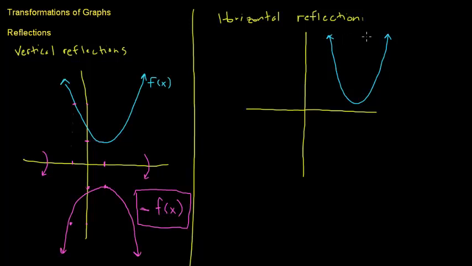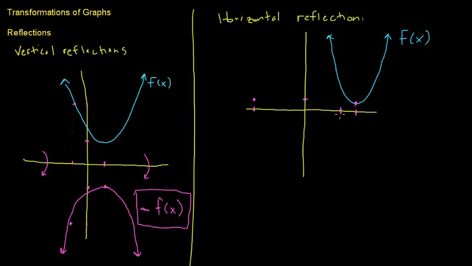So for a horizontal reflection, it's a little different. So what you would do is you would take your input and you'd find your output. Alright, so right there. And now what you do, instead of taking the negative of your output, you take the negative of your input and match it to that output.